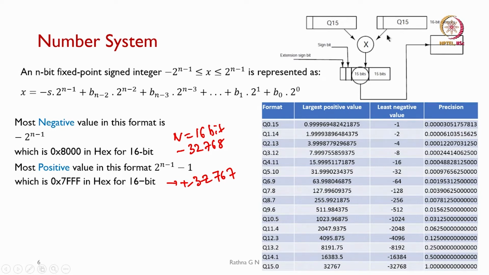So, when I multiply, we will be getting 2 sign bits from both. If both are positive, these two will be positive. If one is negative and one is positive, the sign will be negative, and if both are negative, then we will have positive in the sign bit representation.